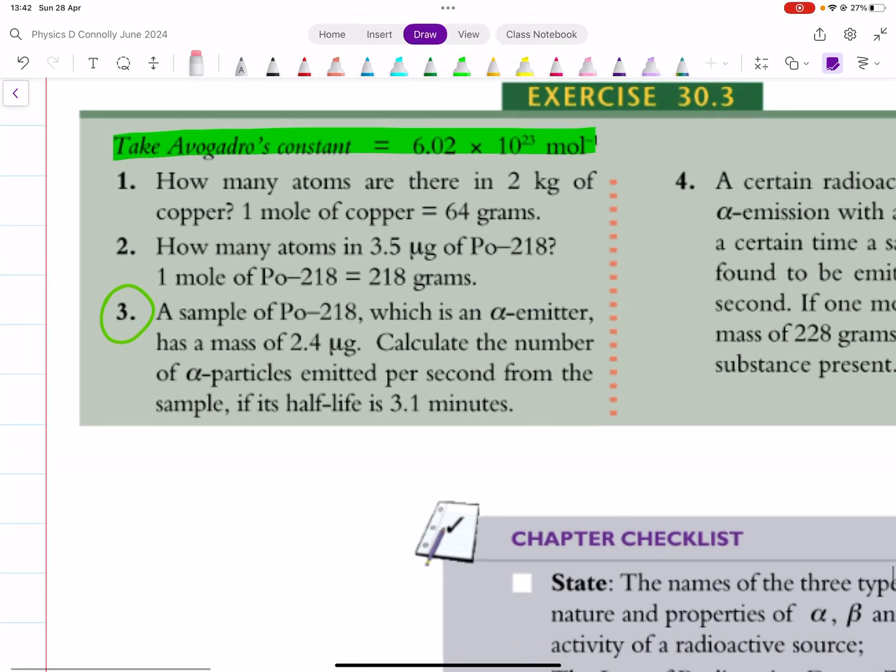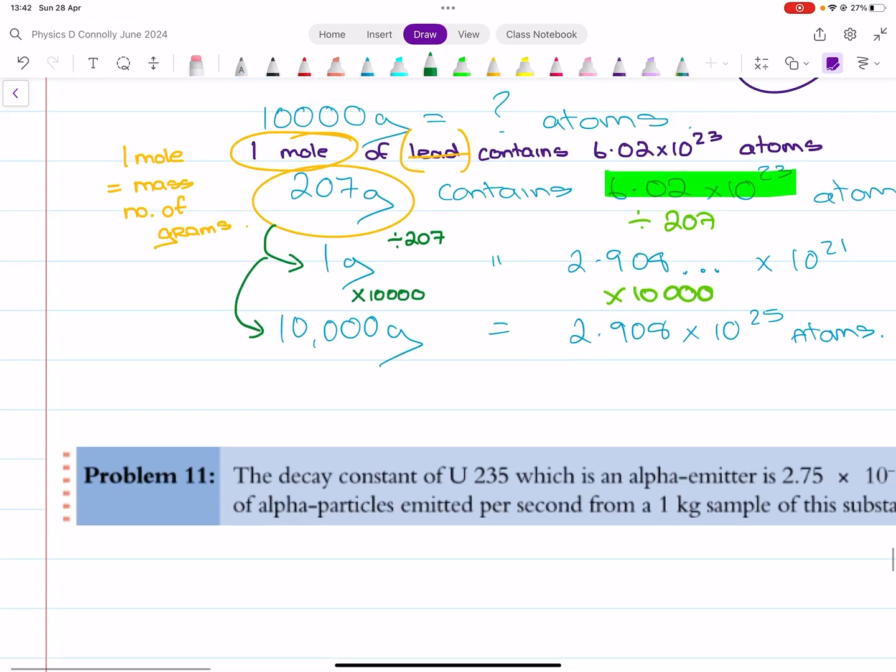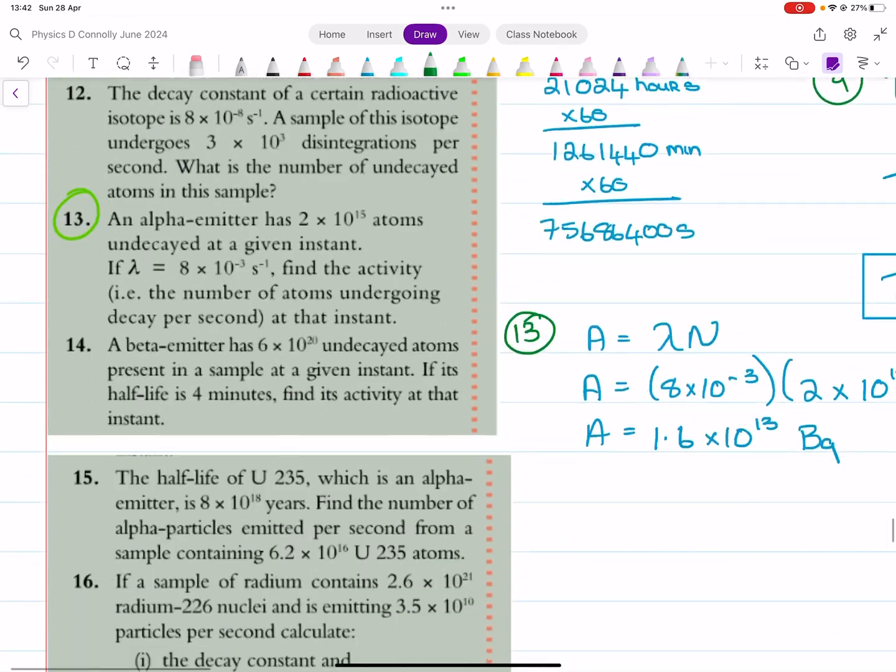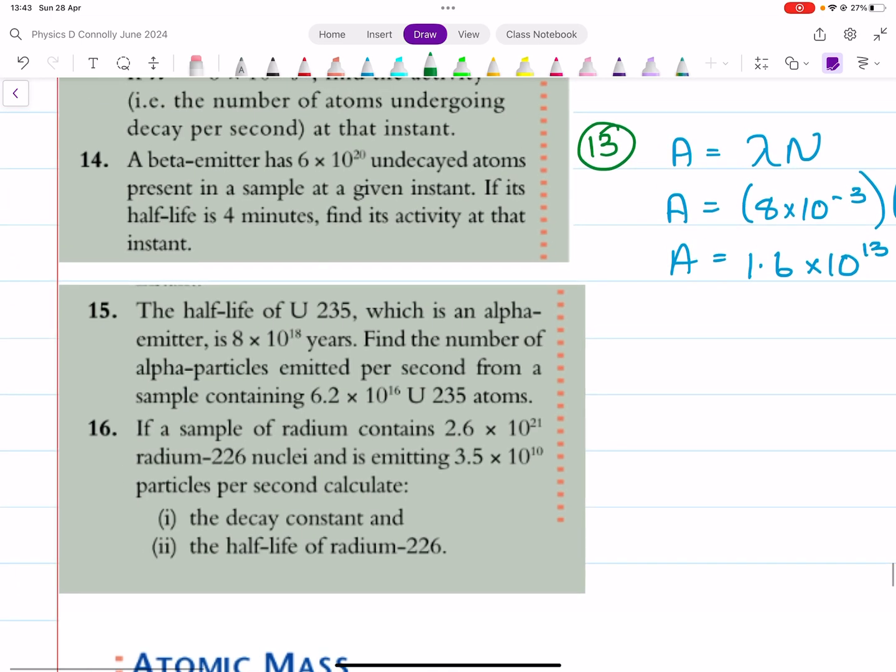I'd like you to do question 3. I'll put that into the journal for you. For the number per second for a sample, let's go with 14 and 16.